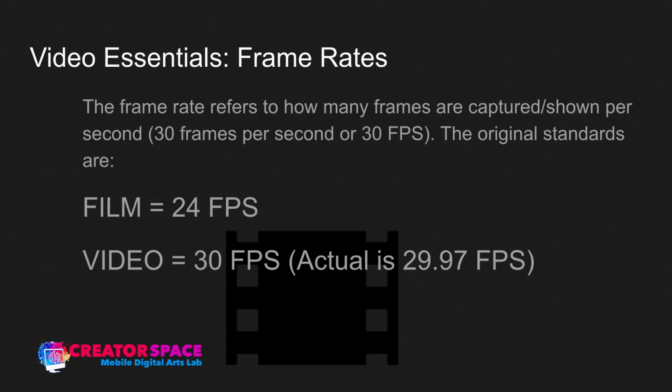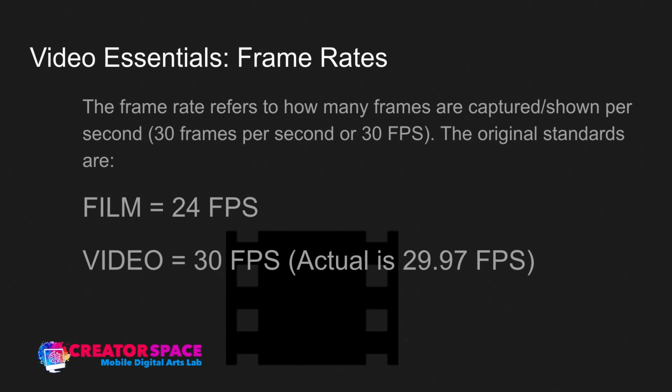So Video Essentials: frame rates. This is a reference to how many frames are captured or shown per second, right? So 30 frames per second, or 30 FPS, that's explaining how many individual frames are captured and then played back, right? So the capture and playback is usually the same. And I just made a note here.